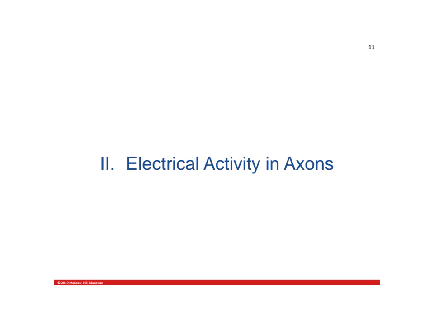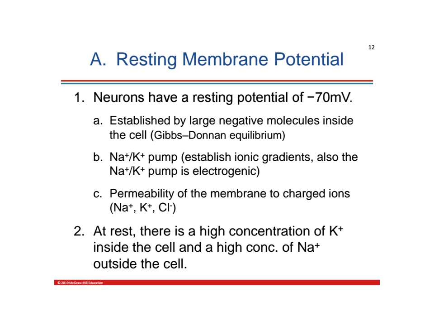The next topic is electrical activity, and recall that neurons have a resting membrane potential of about negative 70 millivolts. And we've talked a lot about how that's established. There are a couple different things. One is that there are large negative molecules inside of cells, and we really didn't go into this in great detail.